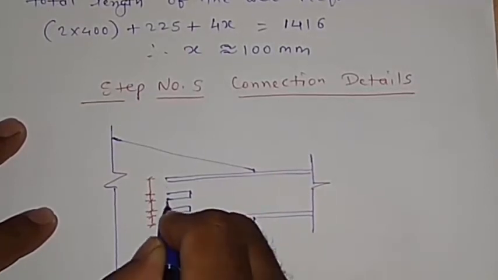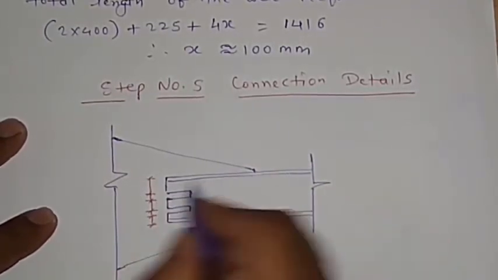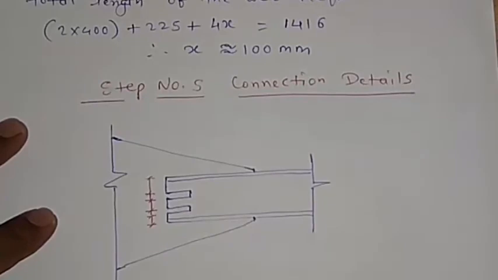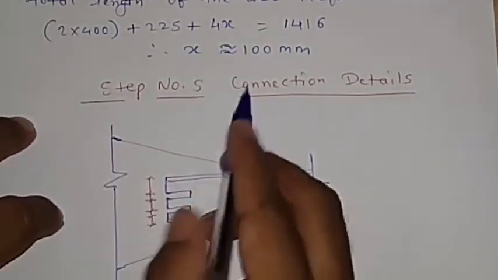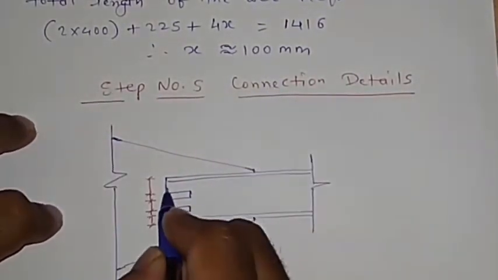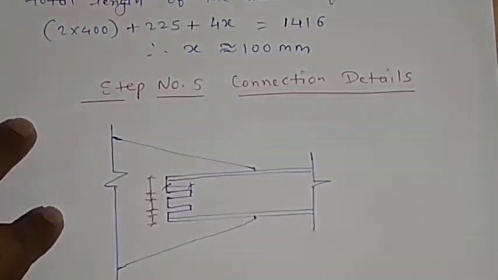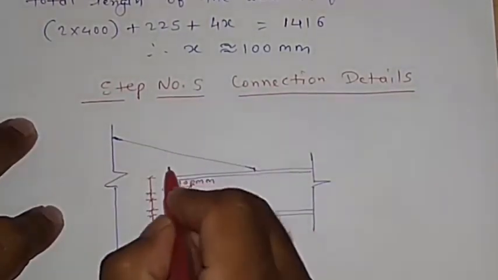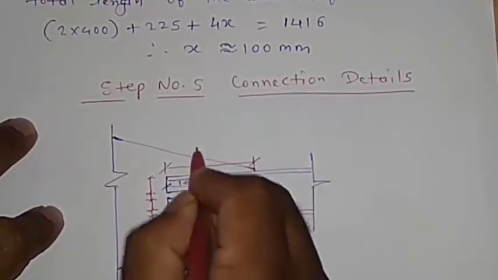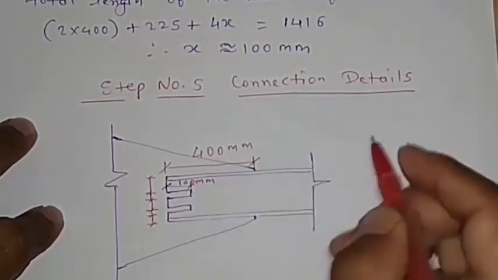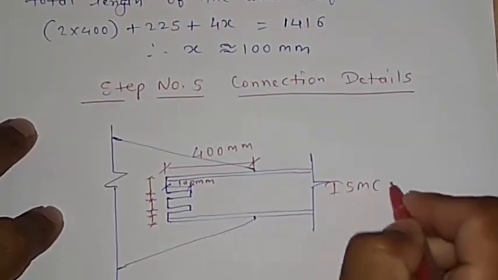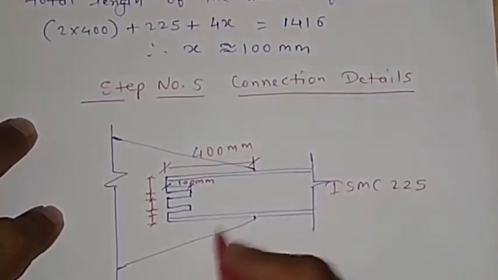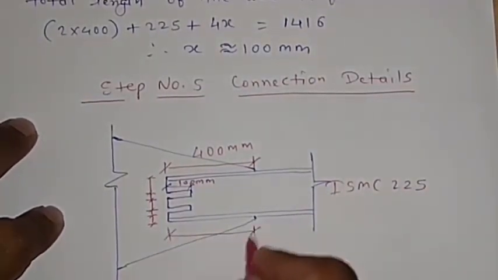So we'll be getting like this, right? And as I said, this one is the 100 mm, and this is actually 400 mm. This is ISMC 225. This is also 400 mm.